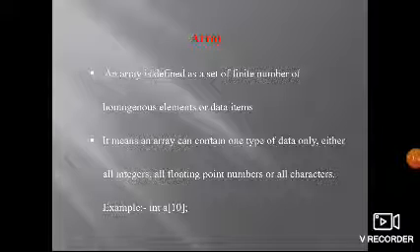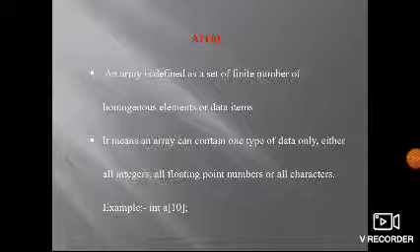Let me see how we declare and use arrays. An array is defined as a set of a finite number of homogeneous elements or data items, a collection of data items of a single data type. It means an array can contain one type of data only, either all integers, all floating point numbers, or all characters.